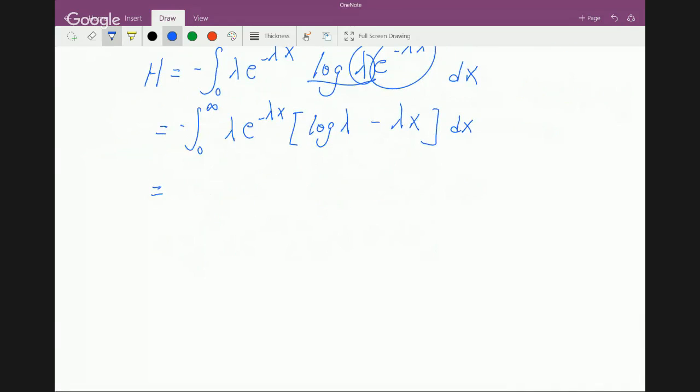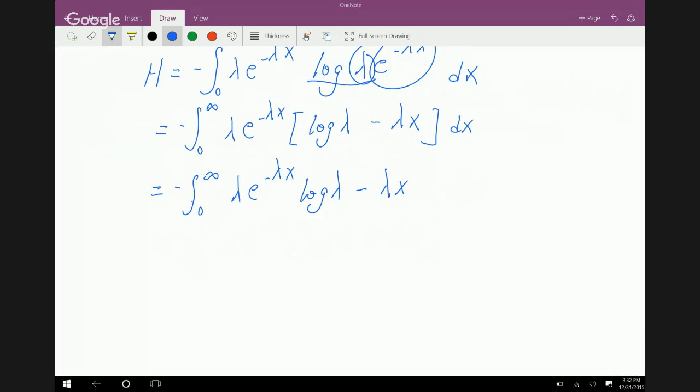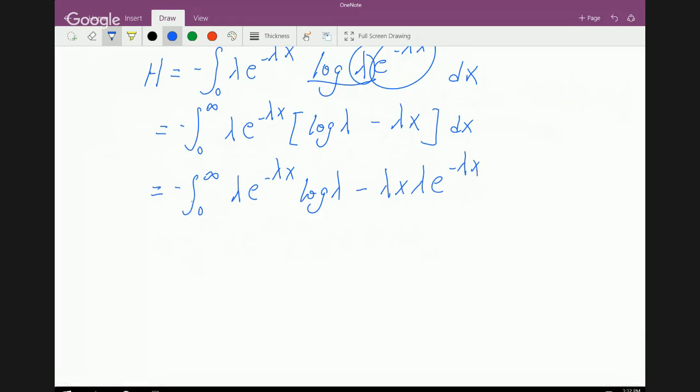And then you can distribute this further, from 0 to infinity, lambda e to the minus lambda x log of lambda minus lambda x, lambda again e to the minus lambda x dx.